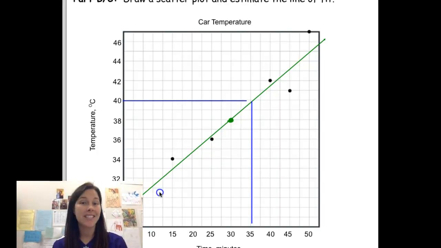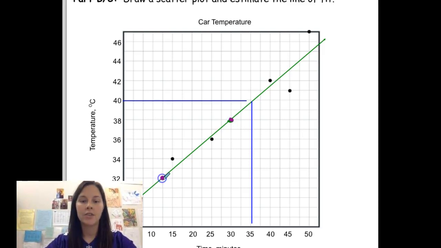Since on this one our graph doesn't extend to 75 minutes, what we can do is use the slope and the y-intercept to get an equation and use the equation to predict the temperature. Our y-intercept looks like it's roughly 28.5. And for our slope, we just want to find any two nice coordinates on our line. We know that the mean is on our line, so we can use that coordinate.